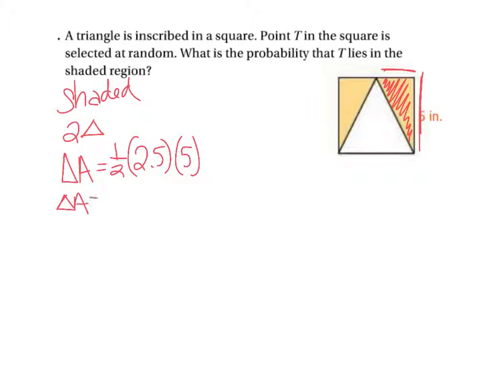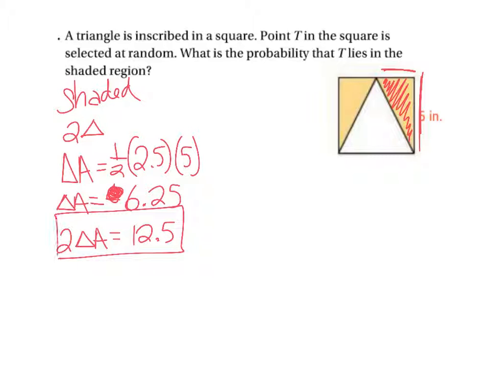That triangle area as a decimal is 6.25. Now that's your shaded area. Oh, wait, no it's not. That's the area of my triangle. Now I have to double that. 2 times that triangle area would be 12.5.